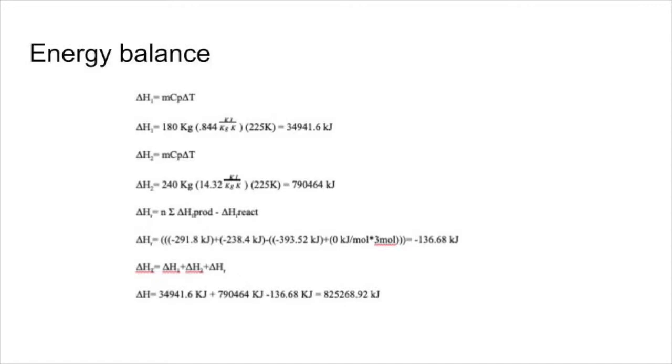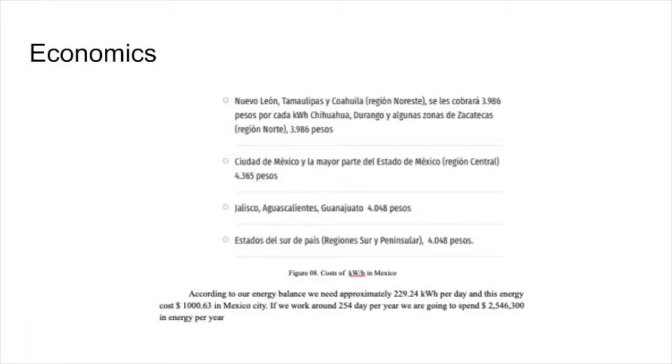Then we do the energy balance for the reaction with the enthalpies of formation of products and of reactants. Then we sum both enthalpies, and we have the energy necessary to make this reaction and this process.